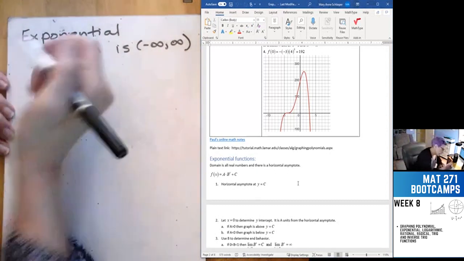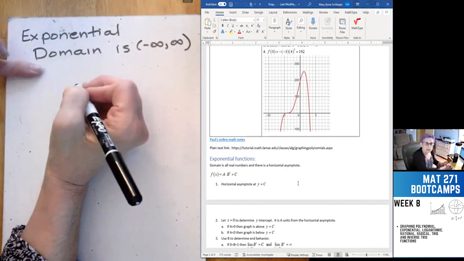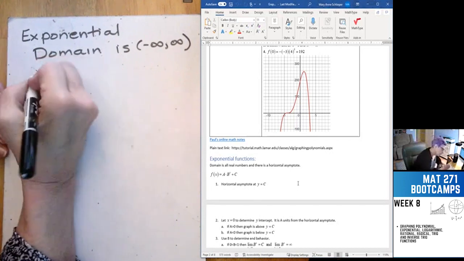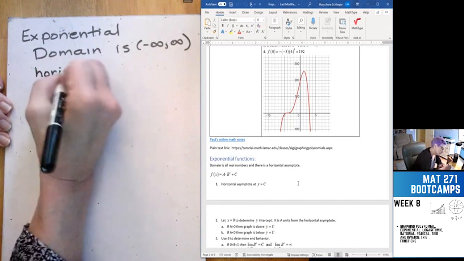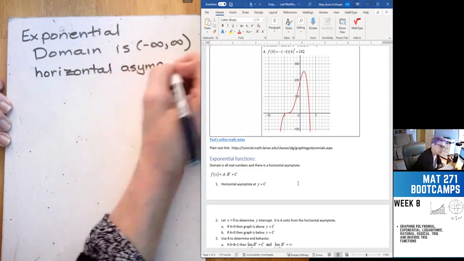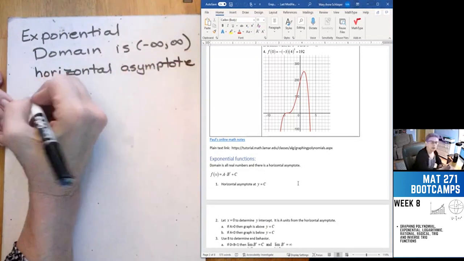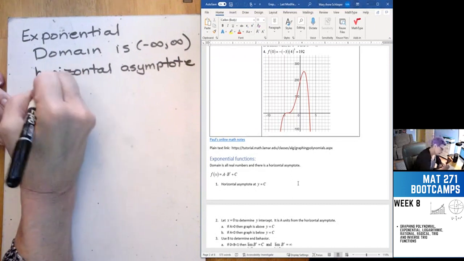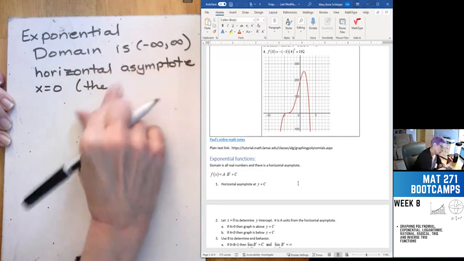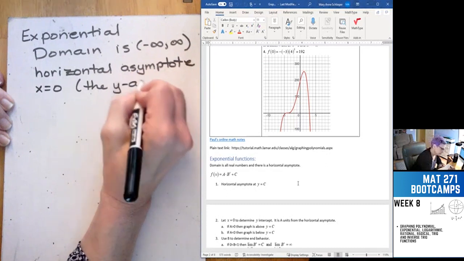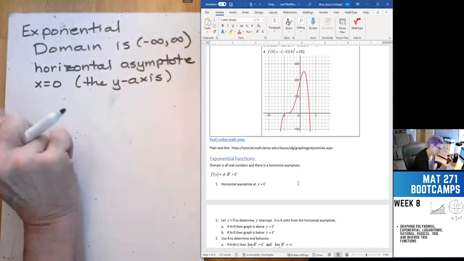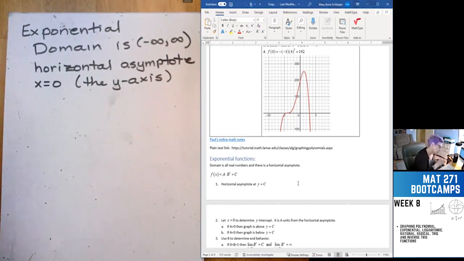They're pretty boring. If you have just e to the x or a positive base to the x, then you're going to have a horizontal asymptote equal to the y equals 0.